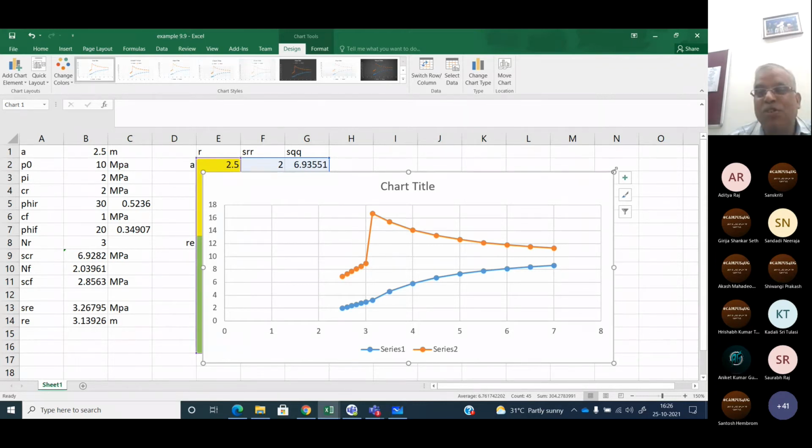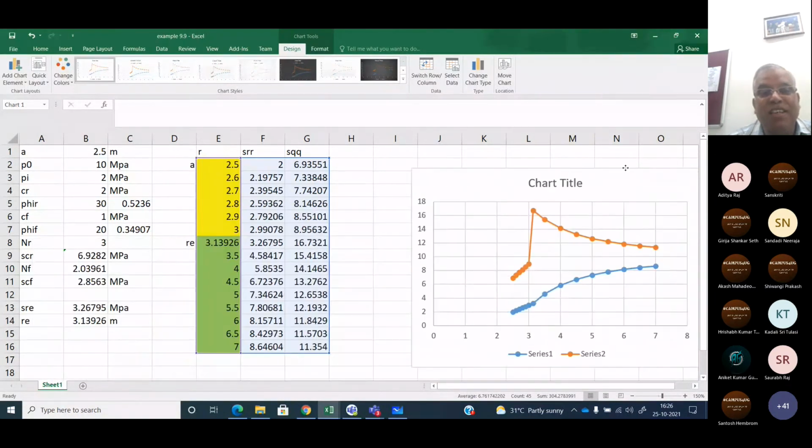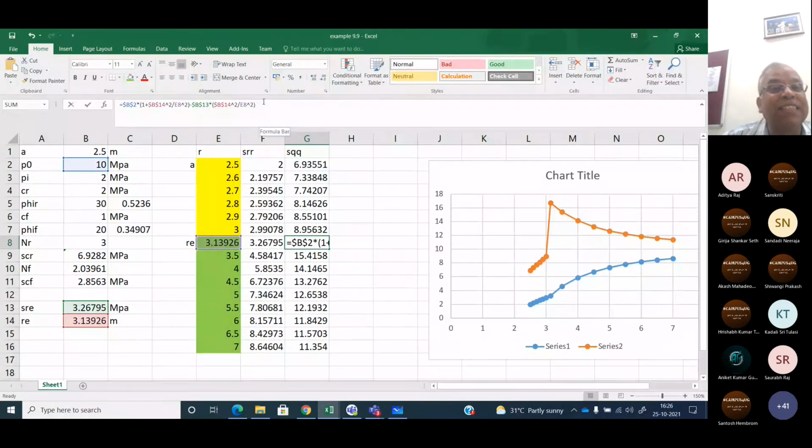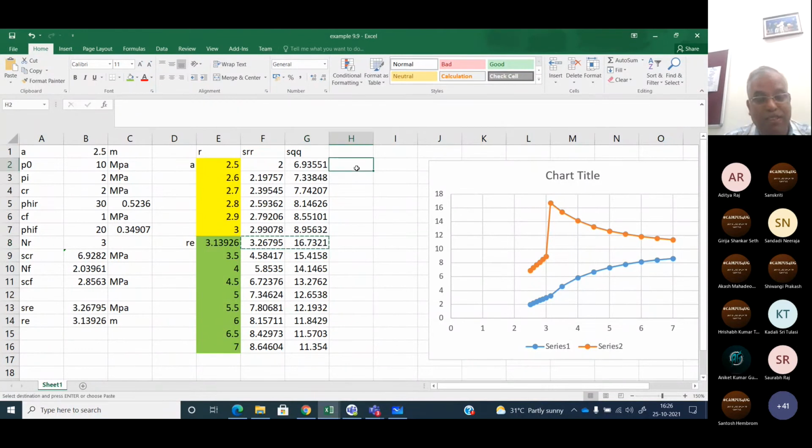Now, just to compare, if I would have considered elastic all the way, then what could be the value? Okay, so let me take this. Sorry, I can copy both of them and take it over there.